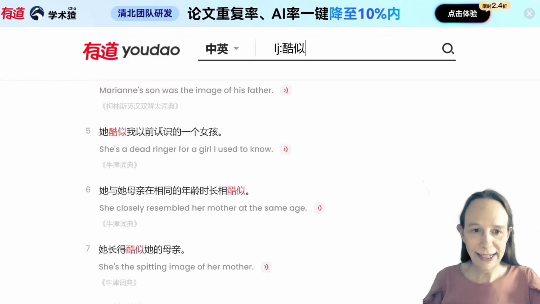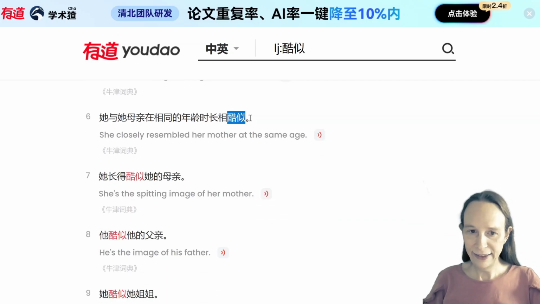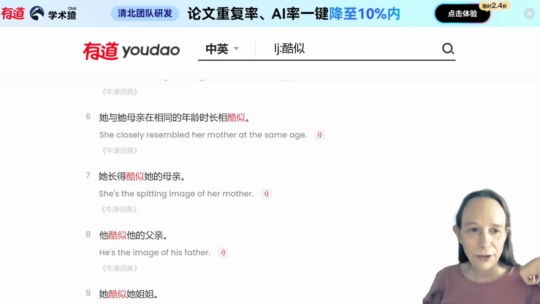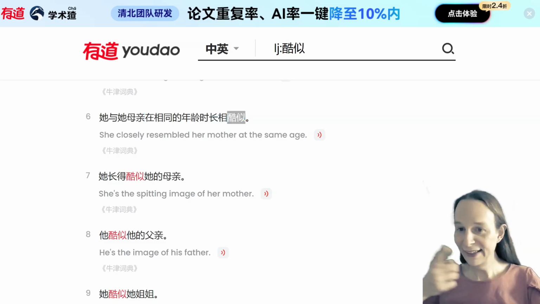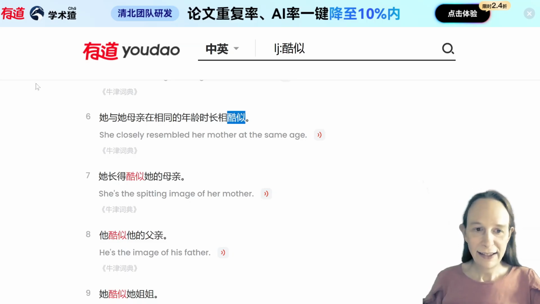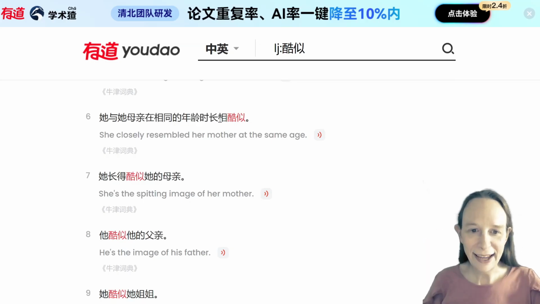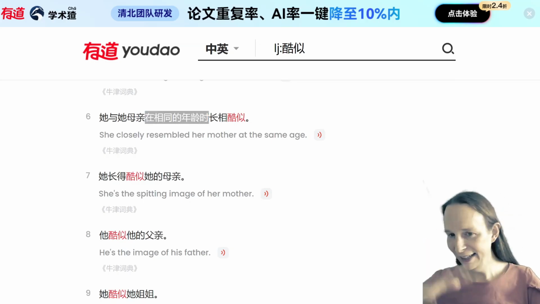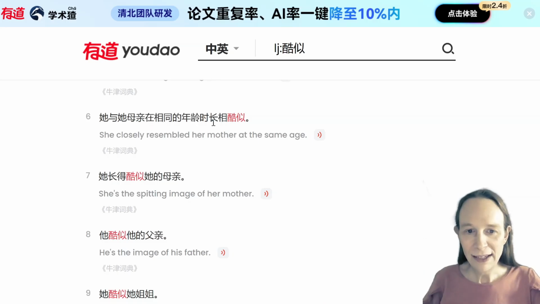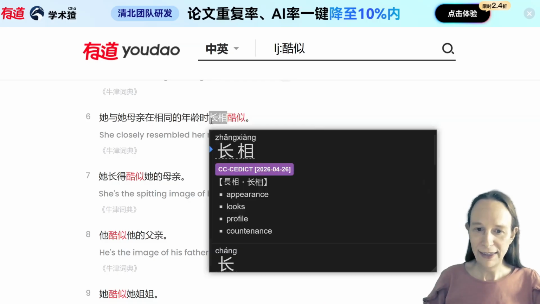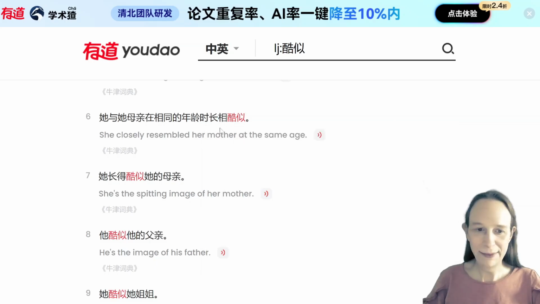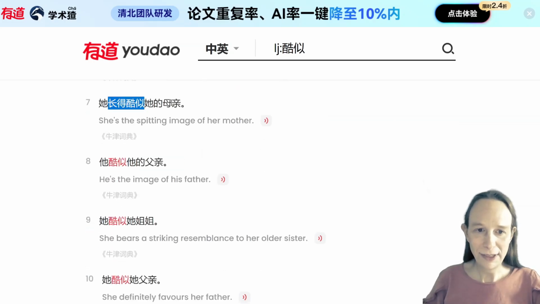他酷似我以前认识的一个孩子. Yeah, so what's this one? Okay, 他与他母亲在相同的年龄时长相酷似. So this is a different grammar structure, right? So 谁和谁. This is a prepositional phrase, so we can kind of just discard that. Discard or add in as will. 长相酷似. So their appearance is strikingly similar. 他长得酷似他的母亲.